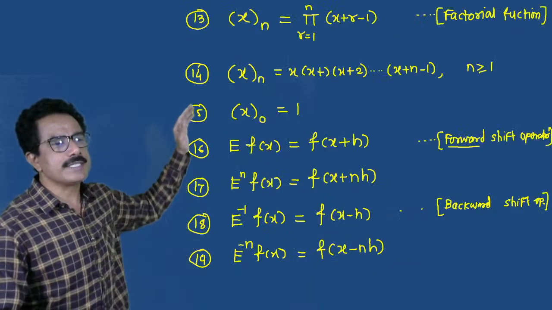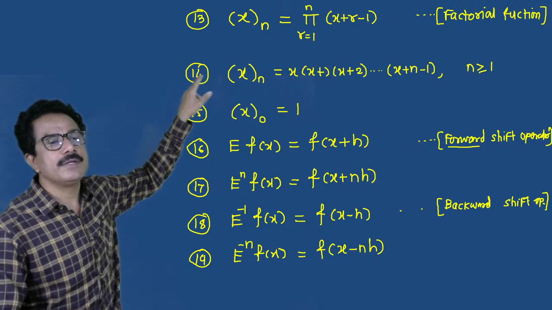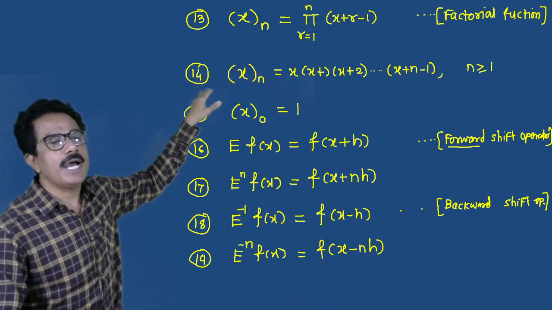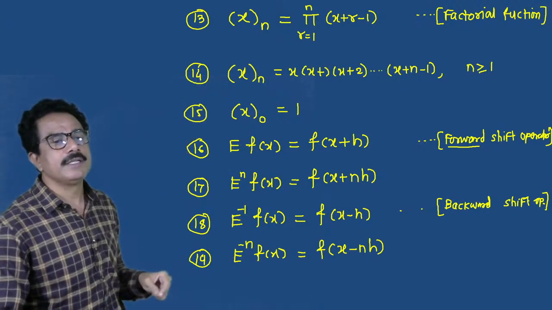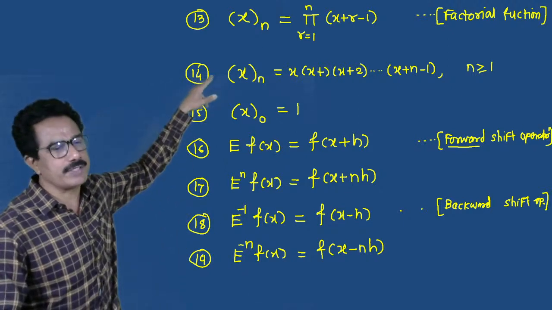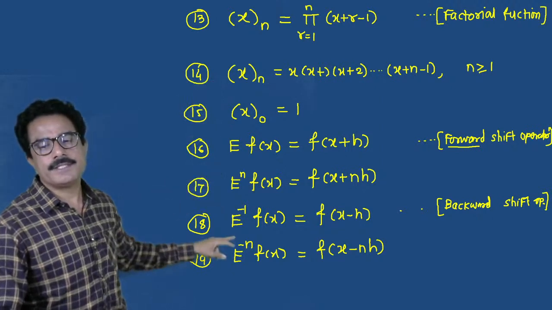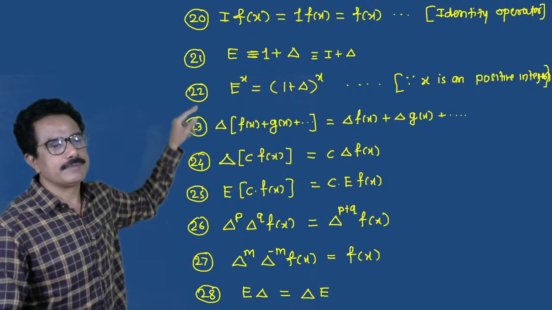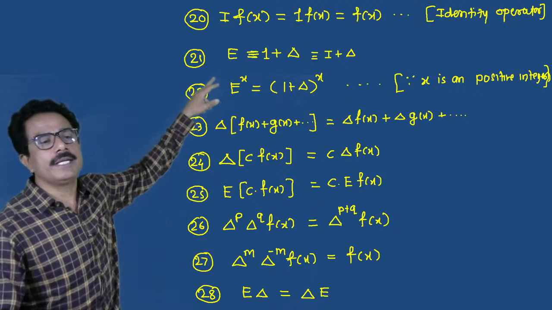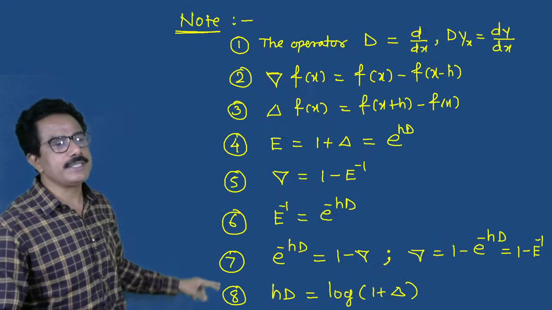Then the factorial function of n is the product for r equals 1 to n of x plus r minus 1. This is the shift operator, this is the backward shift operator, and the relation between delta and E. So we have seen these different notations.